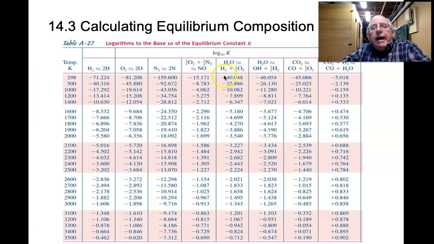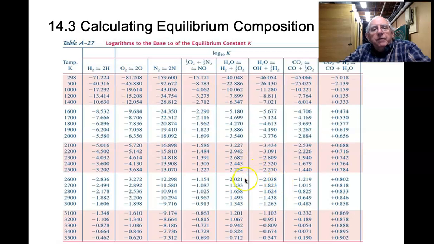But when we look at that particular reaction at a given temperature, let's say 3000 Kelvin, we can come over and determine that the equilibrium constant is a number associated with this, negative 1.343. Now, the table has been presented in terms of the log base 10 of K. And so at 3000 Kelvin, this number really is 10 raised to the minus 1.3 power.